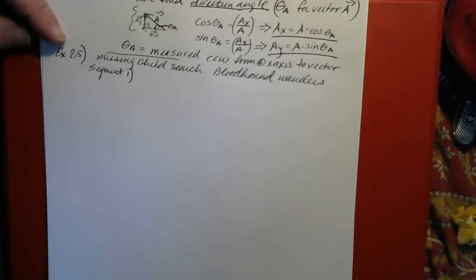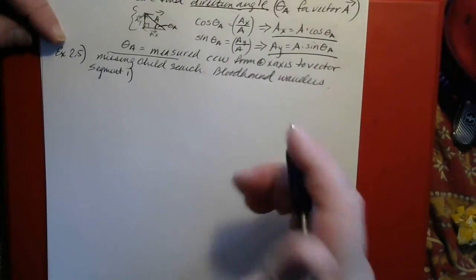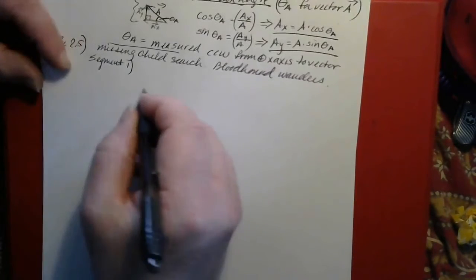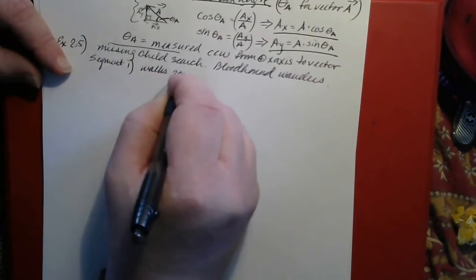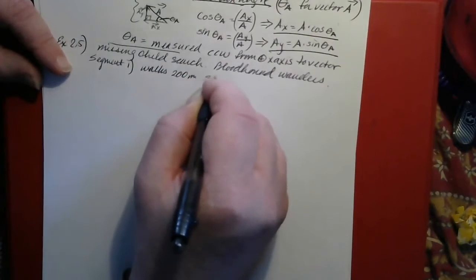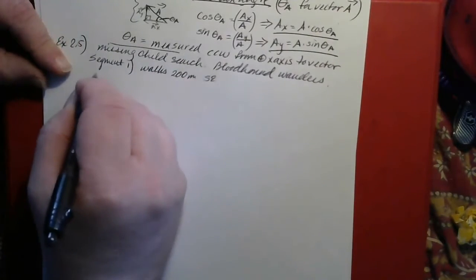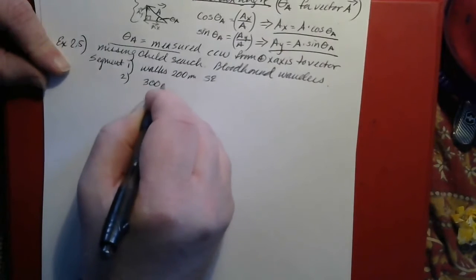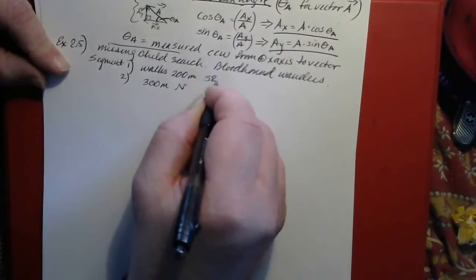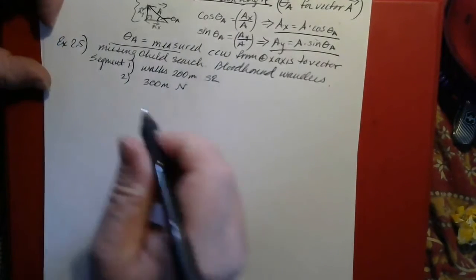Segment 1, and I'm going to put this information more explicitly than the word problem does, just for brevity. The dog walks 200 meters southeast, and then segment 2, 300 meters north.